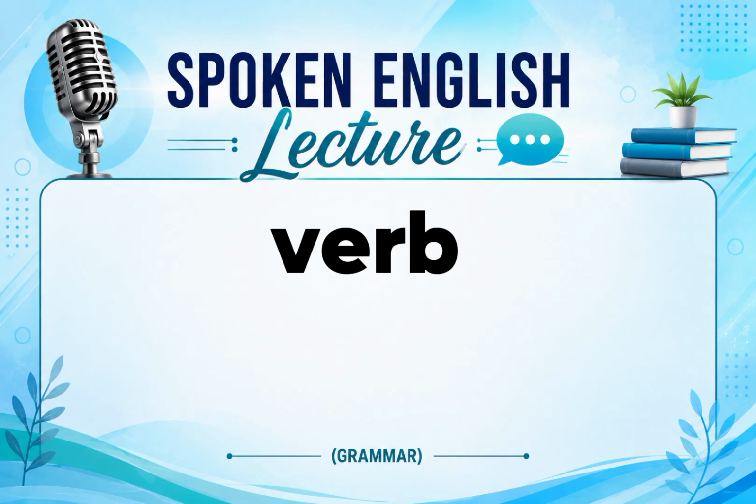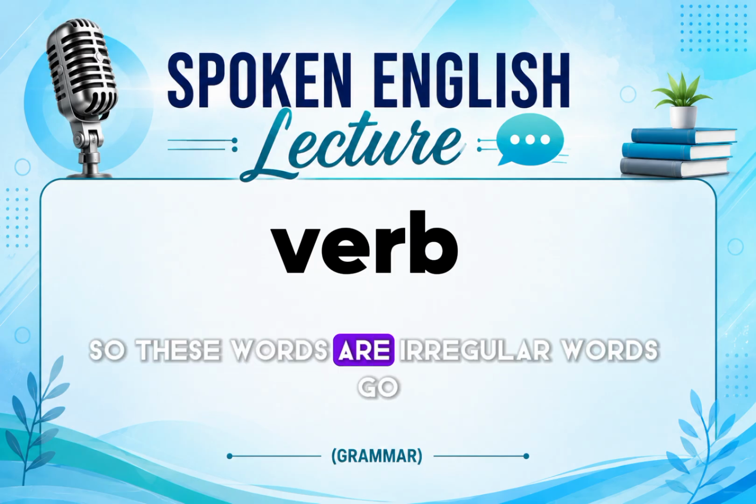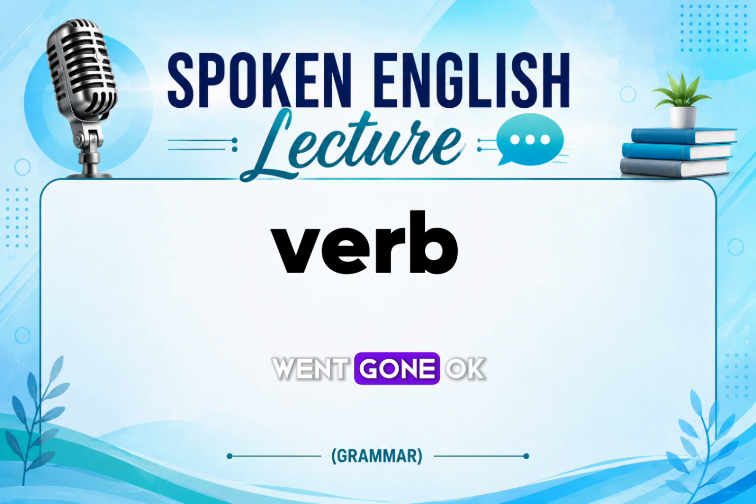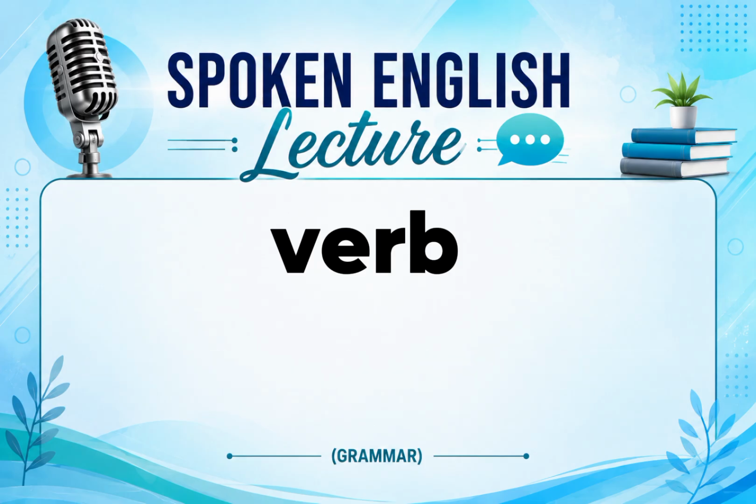The word is completely changed. So these words are irregular verbs. Go, went, gone. Write, wrote, written. See, saw, seen. Speak, spoke, spoken. These are all irregular verbs.